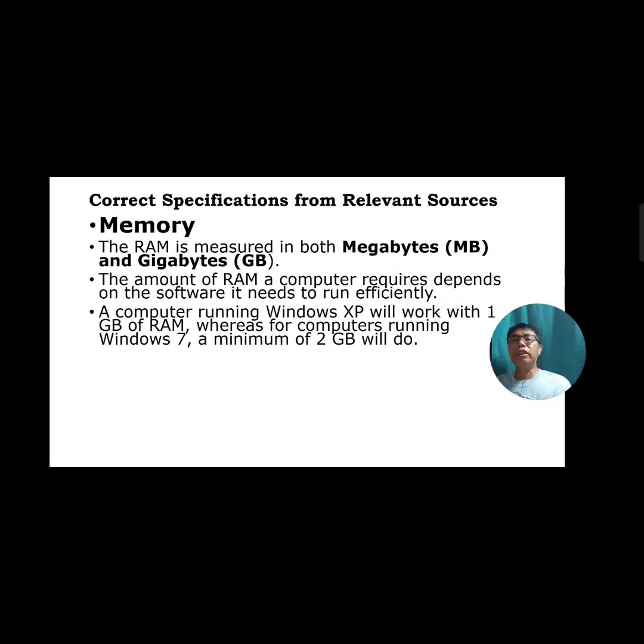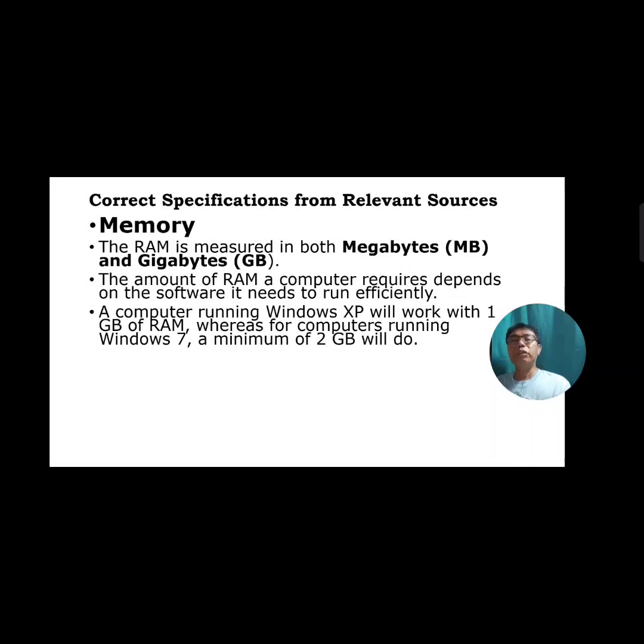Then a computer running Windows XP will work with 1 gigabyte of RAM, meaning to say the requirement of Windows XP is only a minimum of 1 gig. Lower than that, possibly the Windows XP computer will not work properly or not work at all.